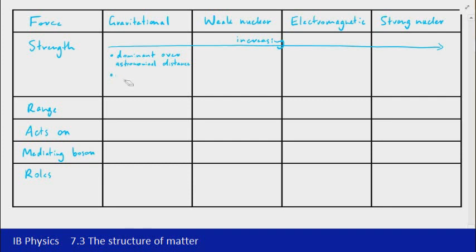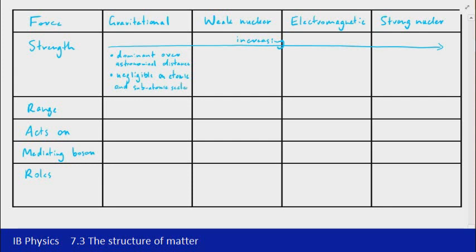On the flip side though, if we go to the very small, the gravitational force is negligible. So it's negligible on atomic or subatomic scales. So it's a bit of an unusual one compared to the others.